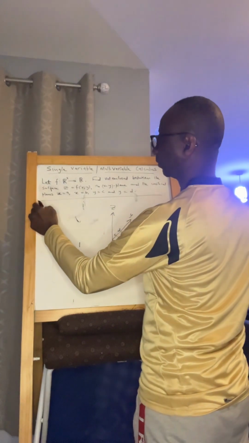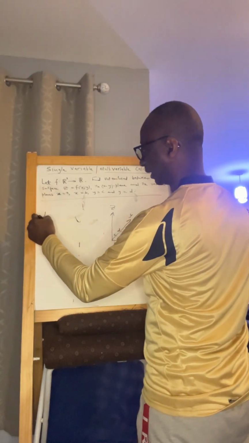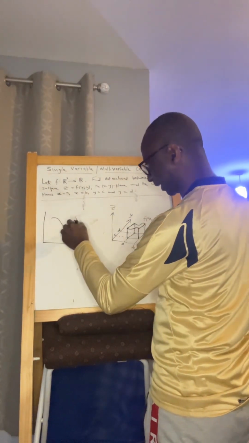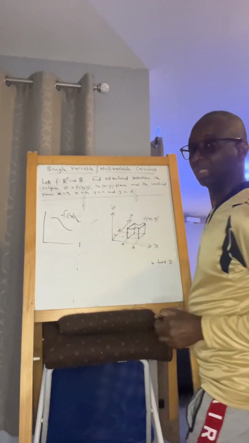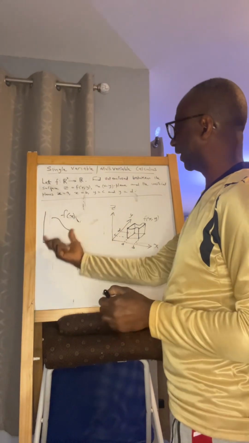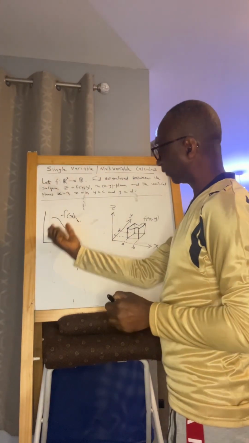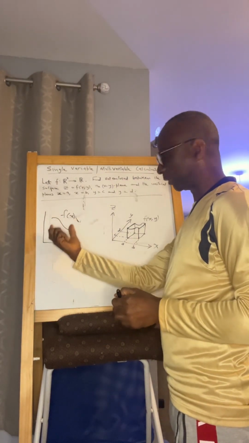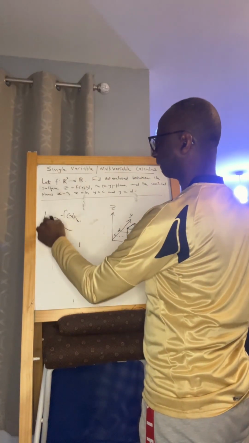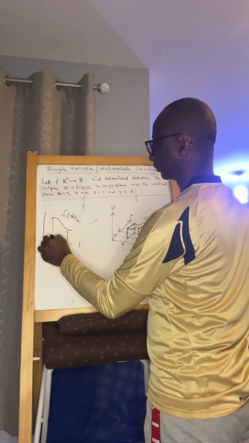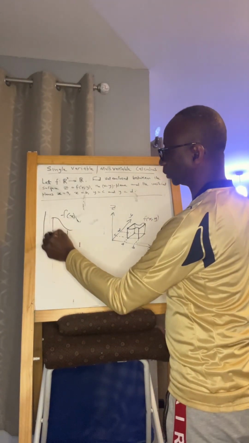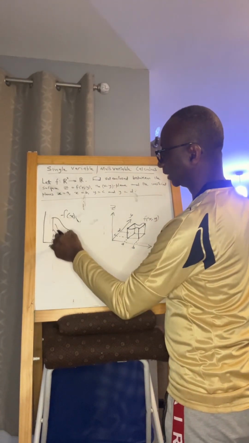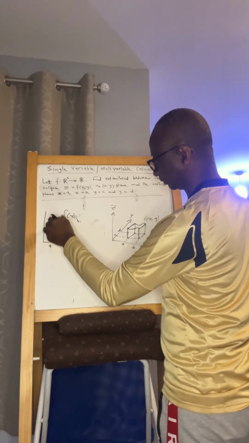If you have a graph, a function like this, f of x, and you want to find the area under the curve, you draw your lines here. If you say this is A, B, then you integrate from A to B to find the area under this curve.